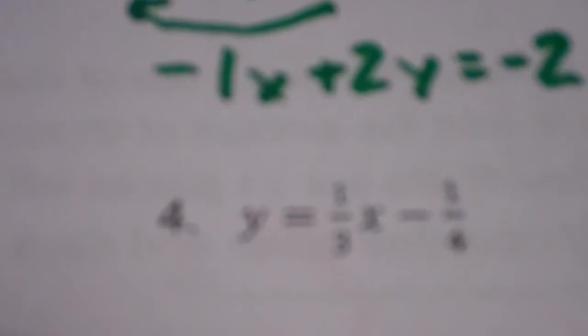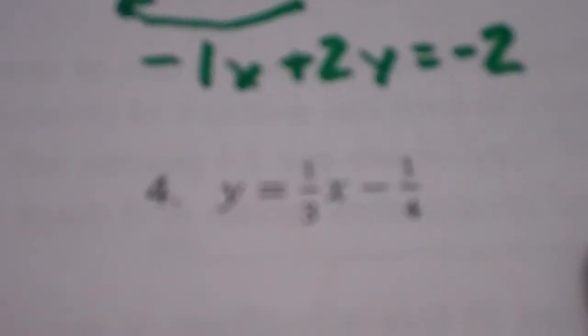Okay, this one looks a little different here. Let me zoom in. Y equals 1/3 x minus 1/4. Well, I can't just multiply by 3 or 4. I'm going to have to multiply by what? Did you say 12? Good job. Times 12, times 12, times 12.